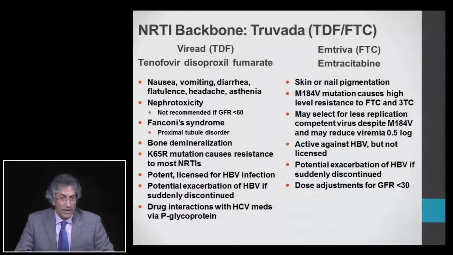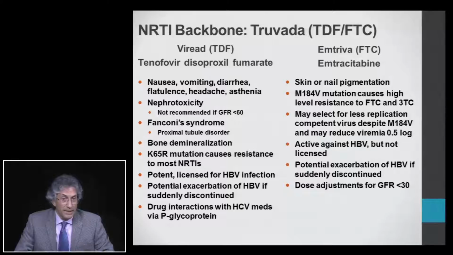One mutation causes high level resistance to this and also to lamivudine, which I'll show you on the next slide. This is also active against hepatitis B, but is not licensed for that. But the same issues about starting and stopping this drug in someone with hepatitis B apply as they do to tenofovir. Usually you're using them together anyhow.